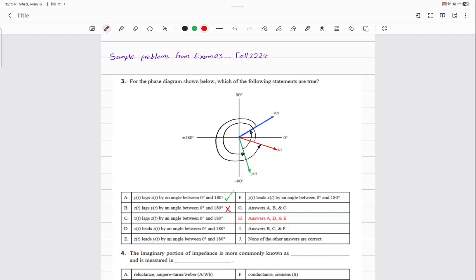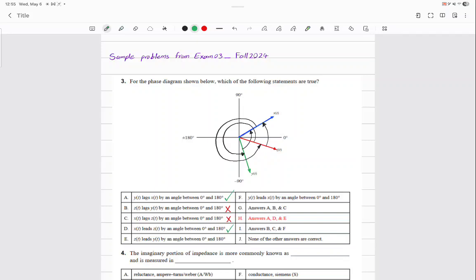No, because it's more than 180. D. X leads Z. Where should I start? Start from Z and get to X in the counterclockwise direction. Where is Z? Here. Is it between 0 and 180? Yes.